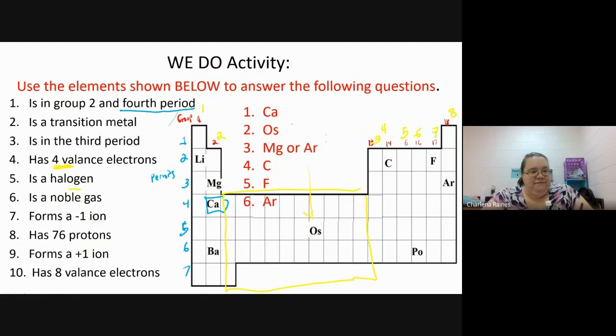So number 7, who forms a -1 ion? So ladies and gentlemen, you either want to have on your printed periodic table this pattern or you need to memorize the pattern. So we count up with our first several columns. They are +1, +2, +3, and +4 respectively. But group 14 can also start doing our negatives.